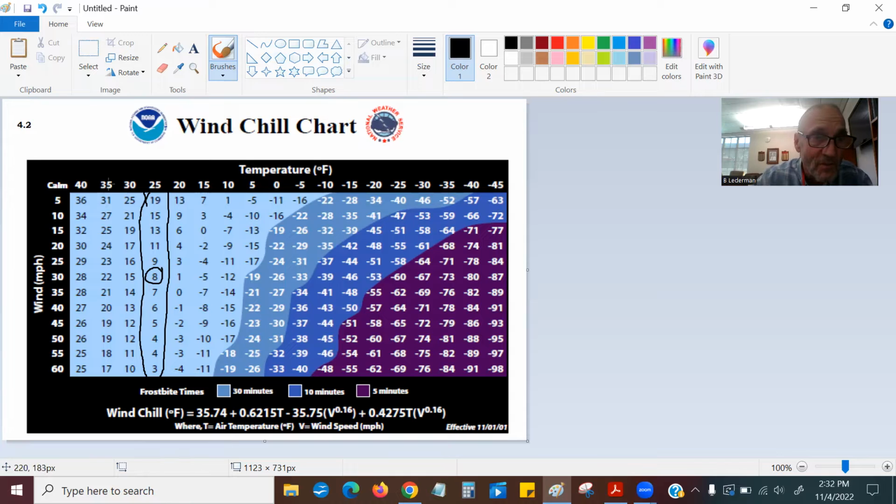If it's 35 degrees temperature and a 40 mile an hour wind, it's going to feel like 20 degrees. So it's a function of two variables. But what I'm really interested in is just this column that we looked at over here. What I'm doing here is isolating the temperature and just looking at how everything changes as the wind changes.